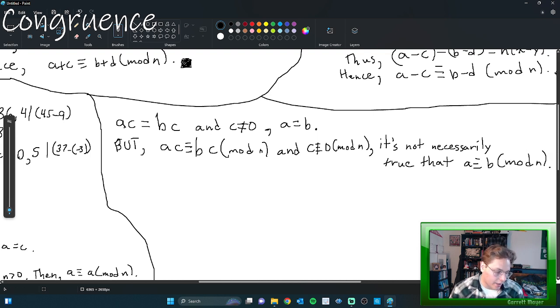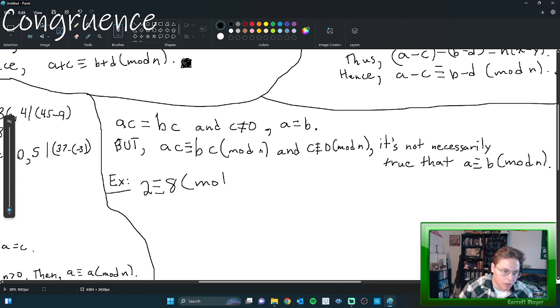And to see why, let's see a counterexample. Let's consider the numbers 2 and 8. So 2 is congruent to 8 mod 6, because 8 minus 2 equals 6, and 6 times 1 is 6.